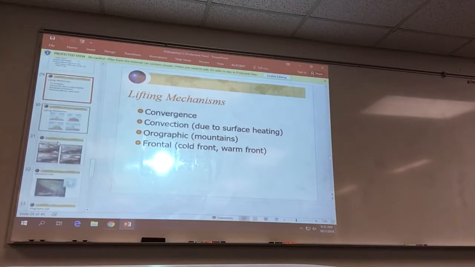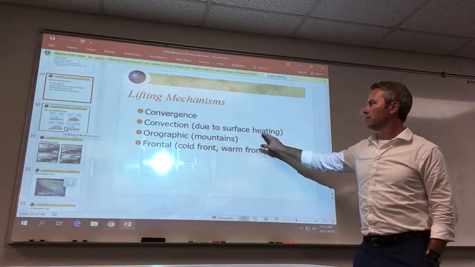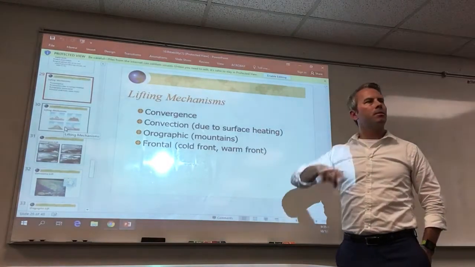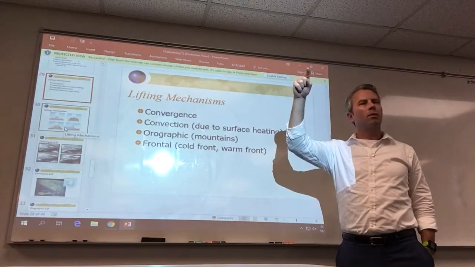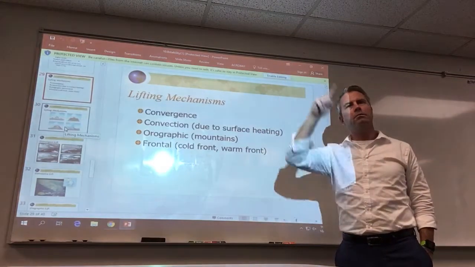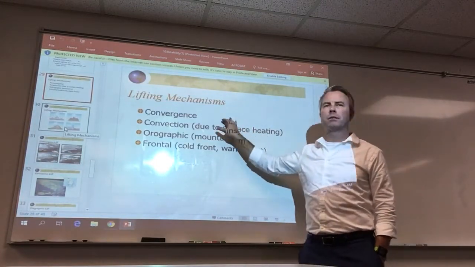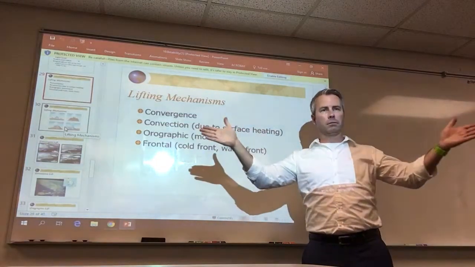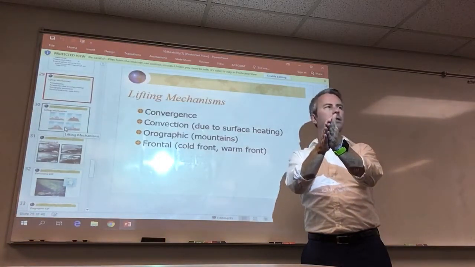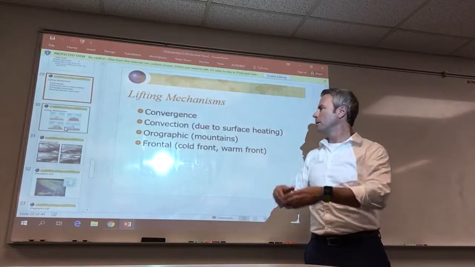All right, so what are some of the lifting mechanisms that we deal with? There's a couple of different ones in particular. We already know about what convection is, right? If you heat something up, it starts to rise. Once it gets to a point where it cools, it starts to fall, right? Little convective oven, just like that. Convergence is just what it sounds like. Two things kind of converging together, or slamming into each other.